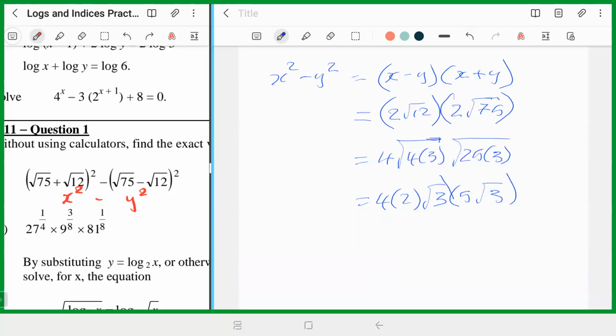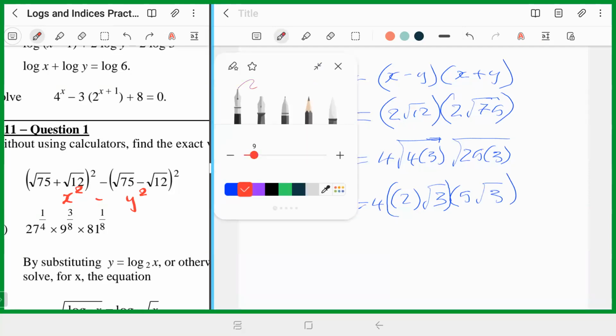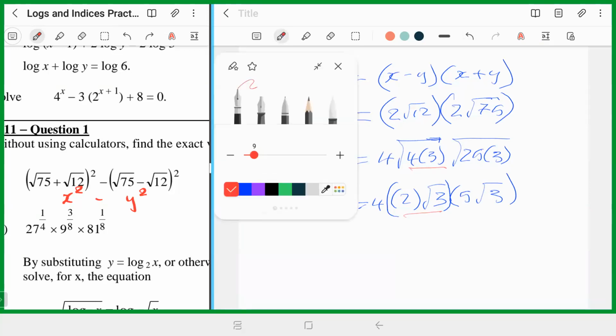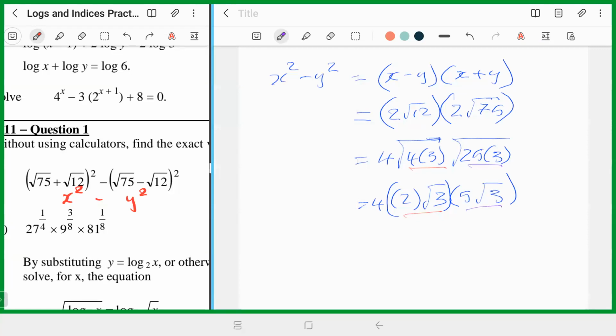And the second one, so I put them in brackets. Leave the 4 on the outside. Let's color code: I get this from this, and I get this from that.